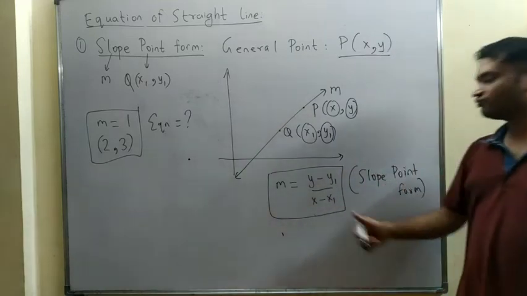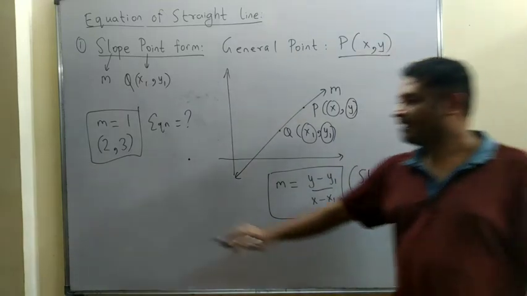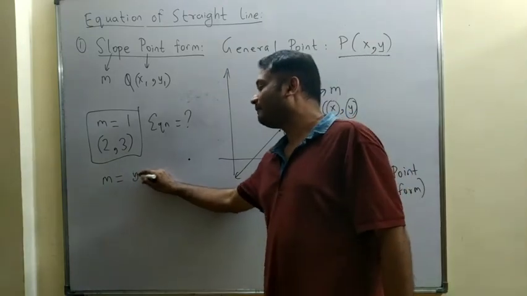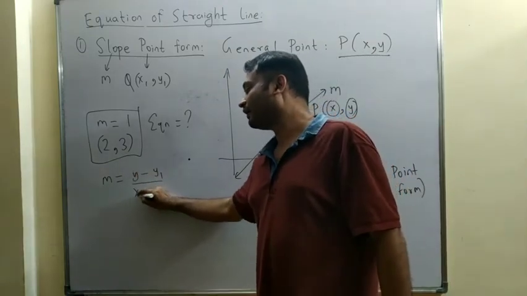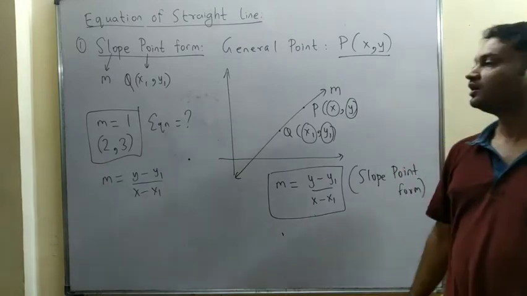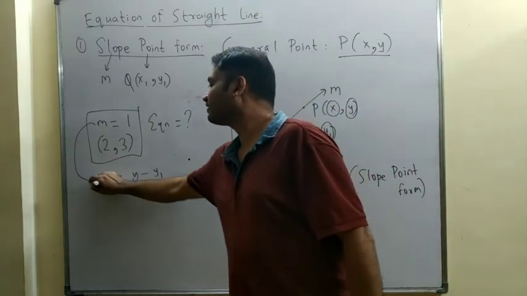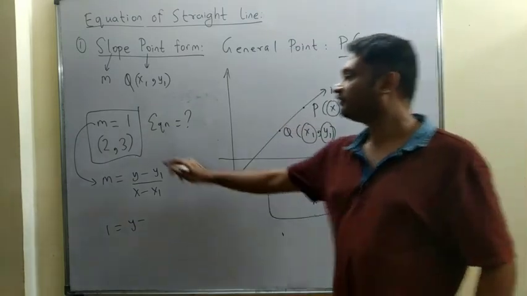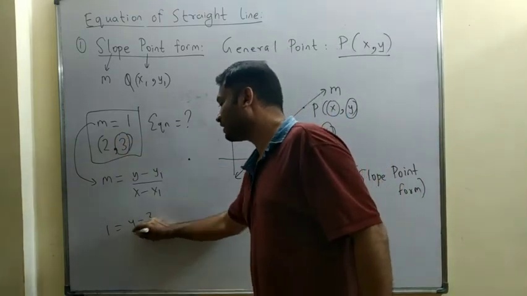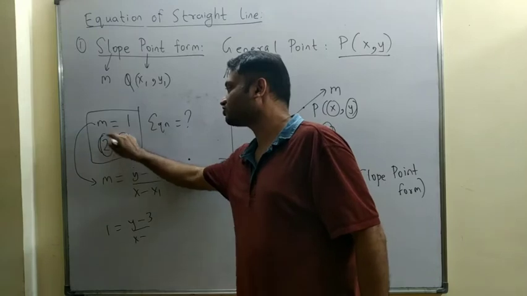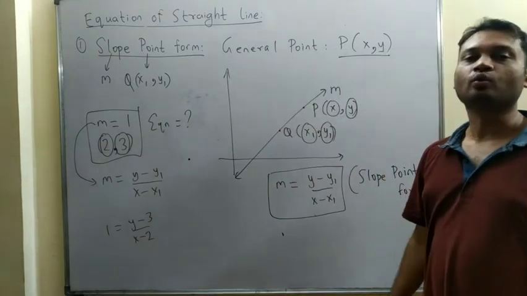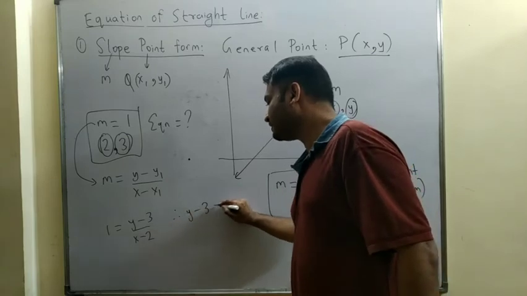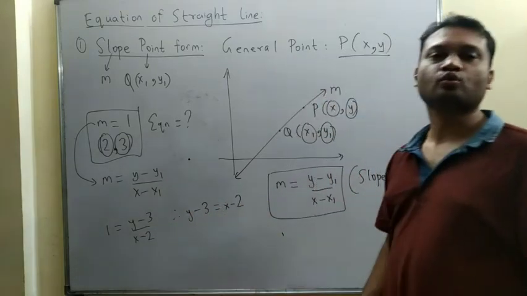So let us use this formula. m, which is the slope, is equal to y minus y1 upon x minus x1. So slope in this case is given as 1, which is y minus y1, which is nothing but y minus 3, upon x minus x1, which is x minus 2. So we can say y minus 3 is equal to x minus 2.